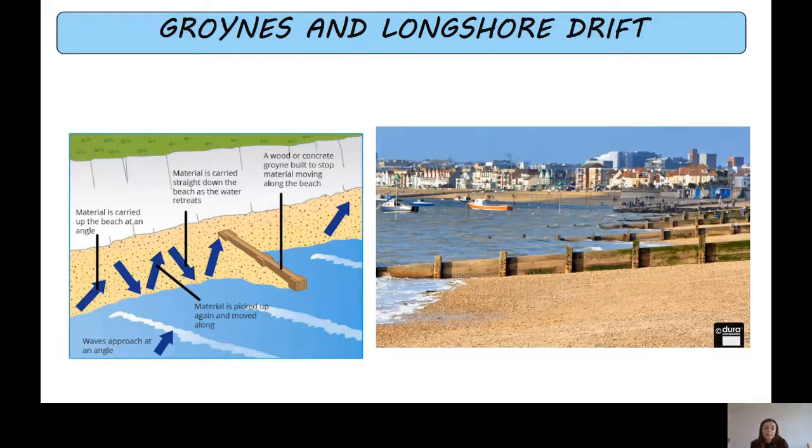Okay, so shortly after a groin is put into place, a section of cliff immediately downdrift of this work begins to erode at an increased rate, often dramatically. That means the equilibrium further down is not in balance. This balance has been upset by events such as the groin being put into place, and that means it will be further eroded down the line.